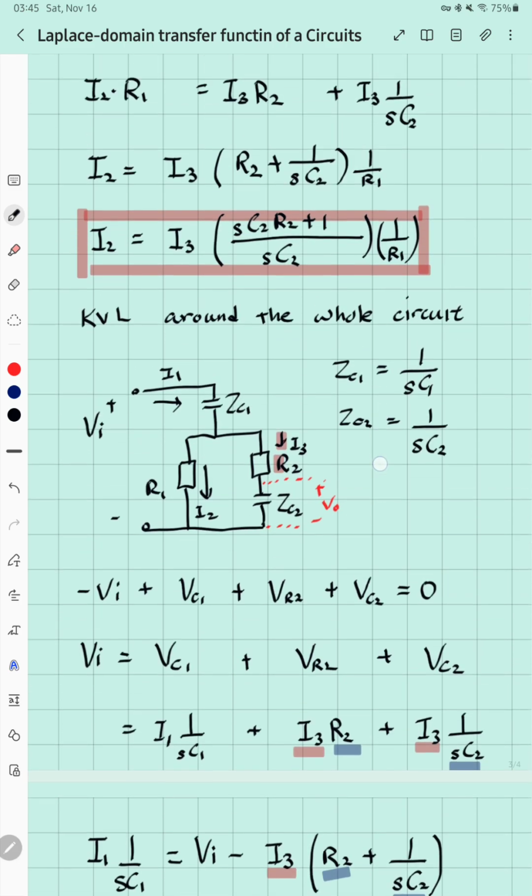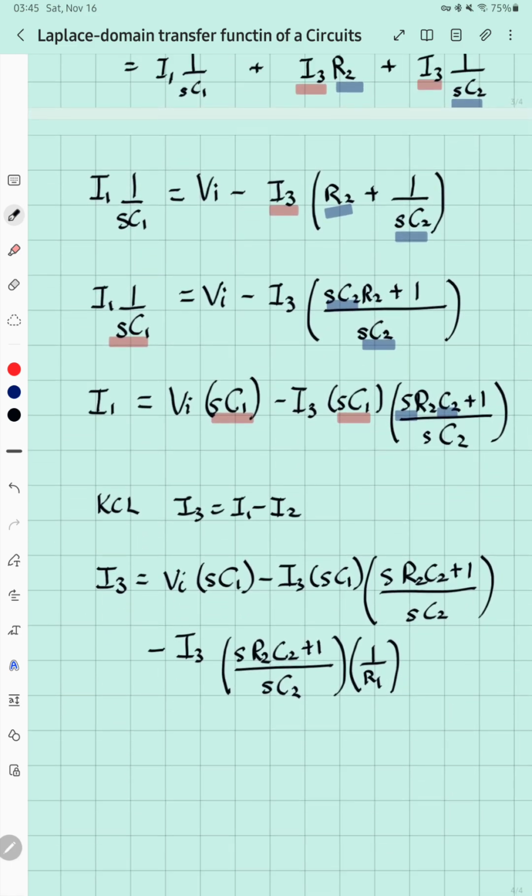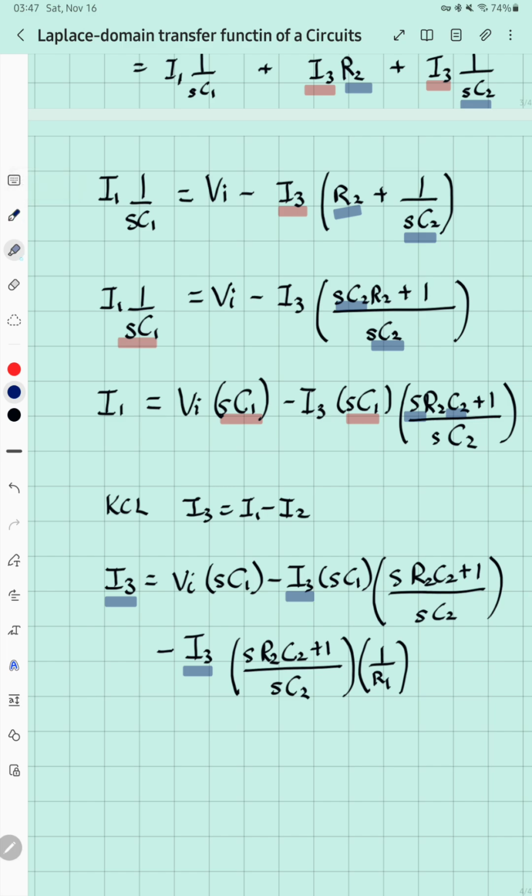So double check. Yep, that. You see something interesting. Now everything is in terms of I3, I3, I3. These are common, so we'll take it out.